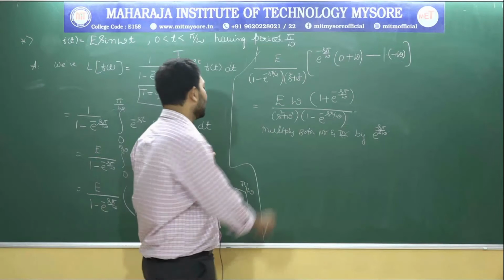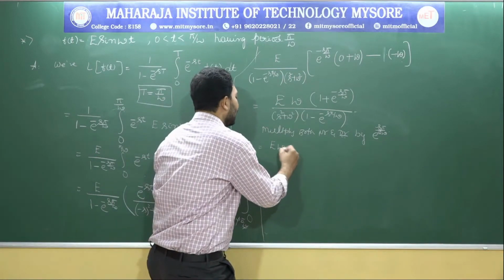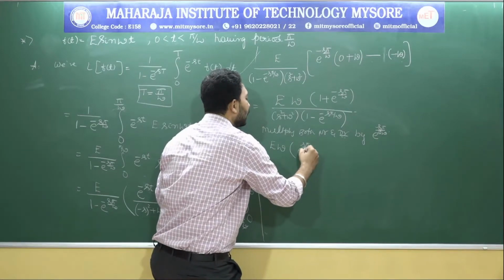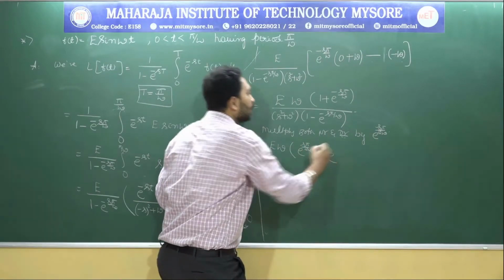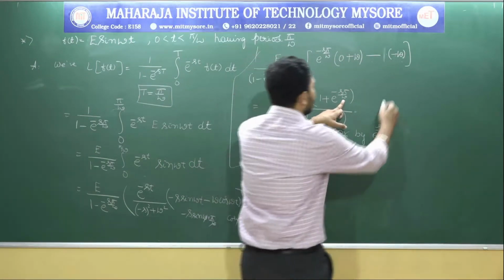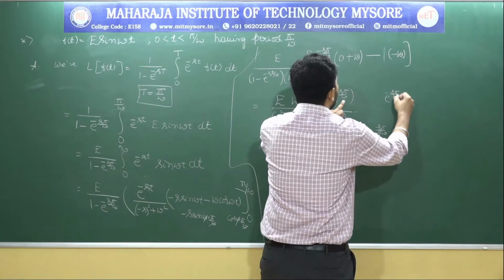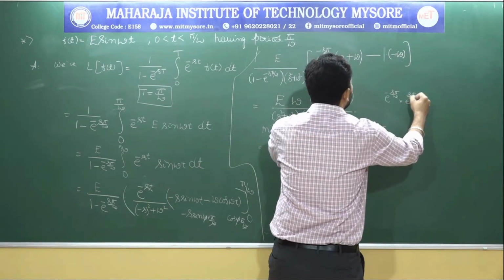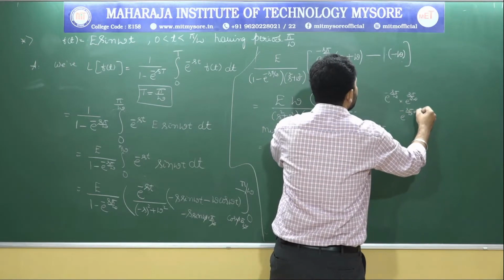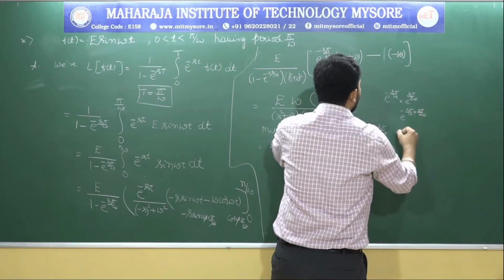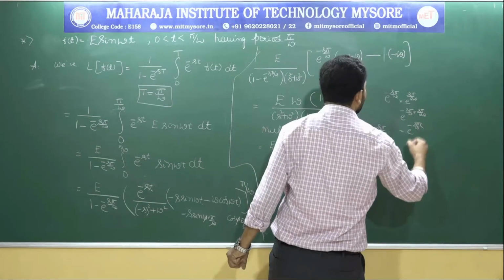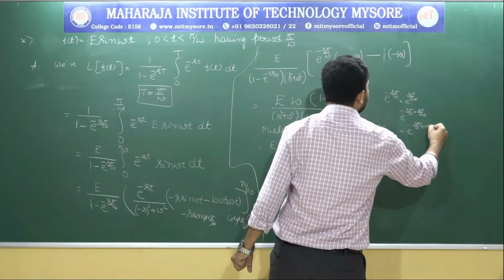Multiply that, e omega into, if I multiply this, e power s pi by 2 omega plus e power minus, I will get, if I multiply, we have s pi by omega into, if I multiply s pi by 2 omega, then it is s pi by omega plus s pi by 2 omega. If I take s pi by omega as common, will get minus 1 plus 1 by 2.